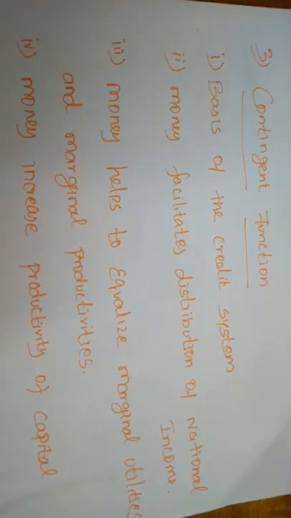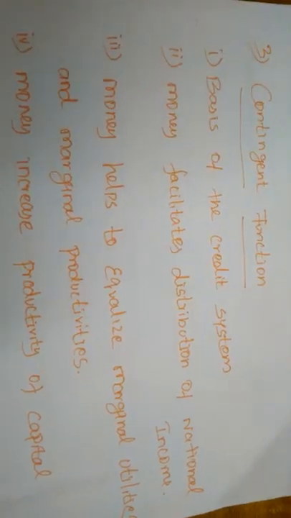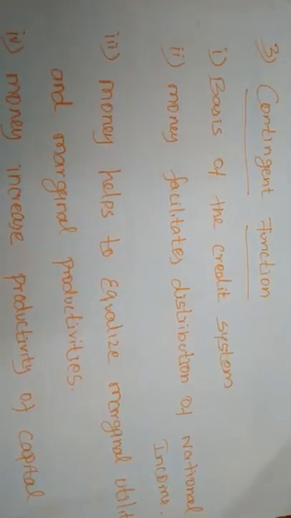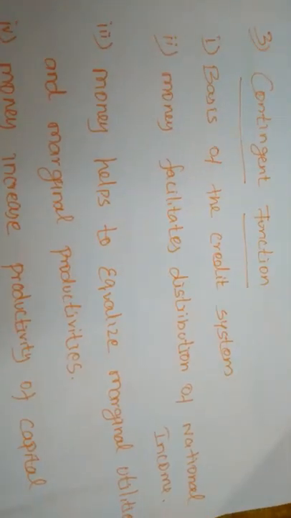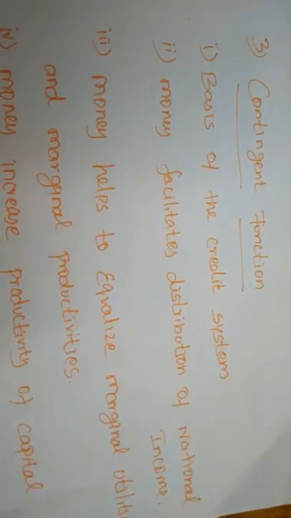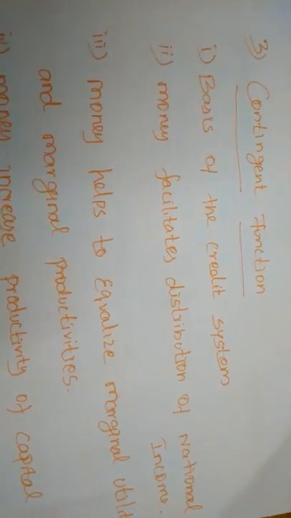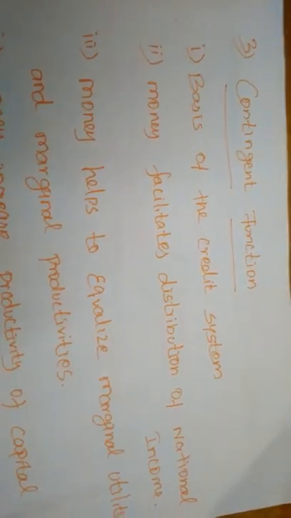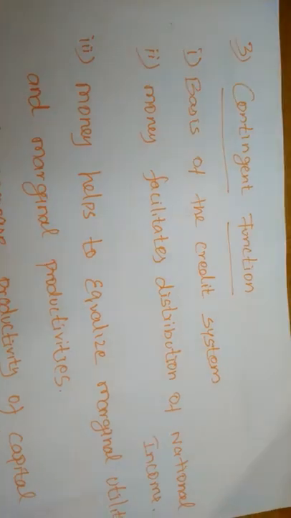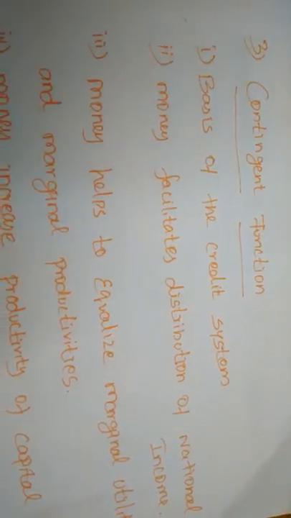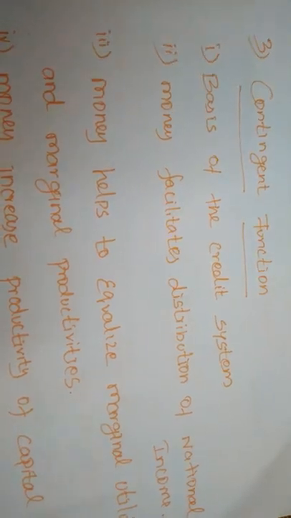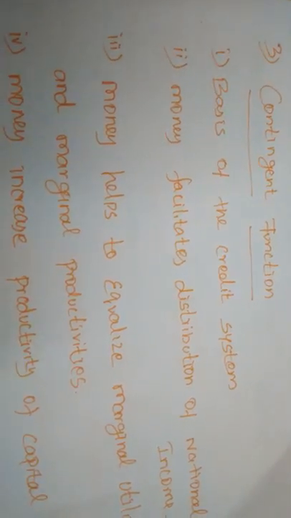If there are no credit facilities, business activities will not move efficiently and smoothly. So in business activity, credit is unavoidable. But the credit system is undertaken on the basis of money only. If there is no money, we will never borrow or rent credit from others.